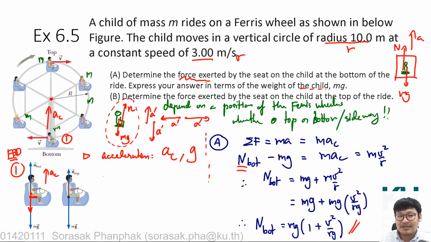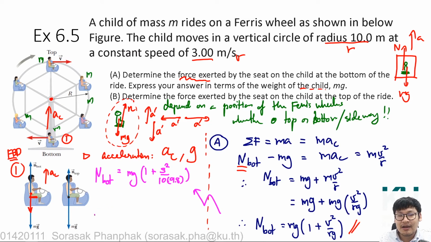If you substitute all the parameters in, the exerted force is equal to mg, substituting v is 3, so 3 squared over r is 10 and g is 9.8.